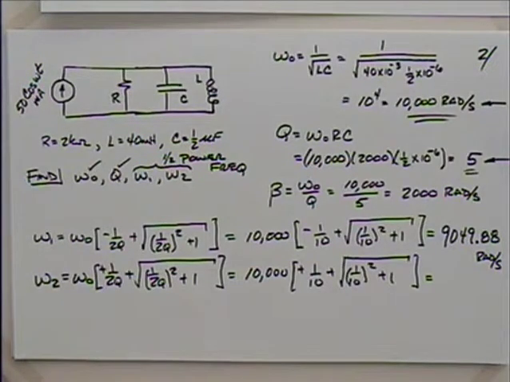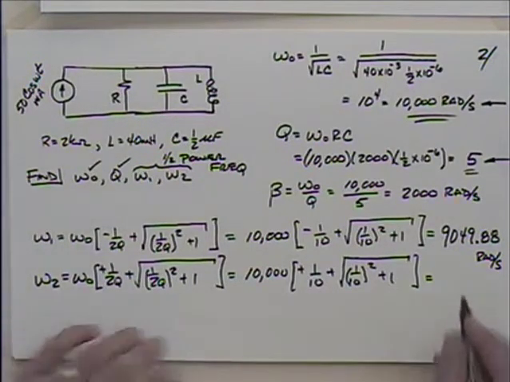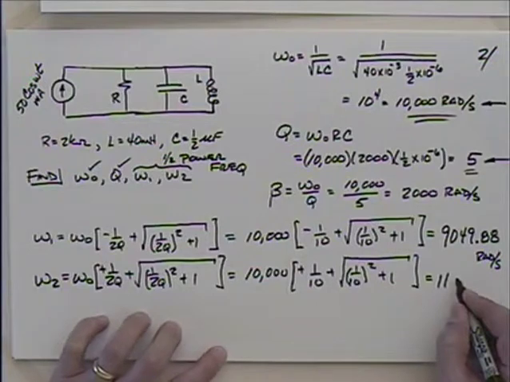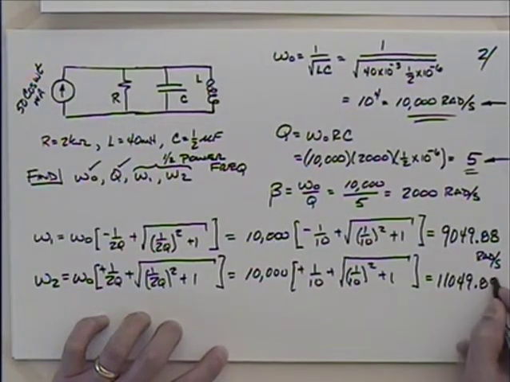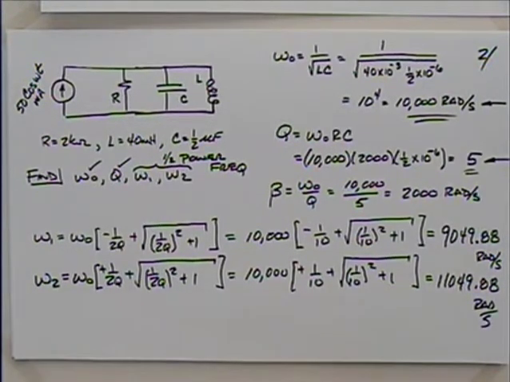And that gets us 11,049.88, again, radians per second.